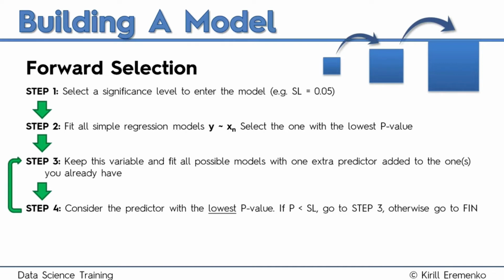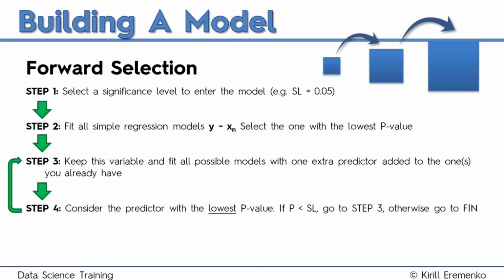What does that mean? It means that now we have a regression with two variables, and now we will add a third variable, and we'll try all possible variables that we have left as our third variable. Then out of all of those models with 3 variables, we will go to step 4 and select again the one with the lowest p-value for that third variable that we added. And we'll keep doing that.